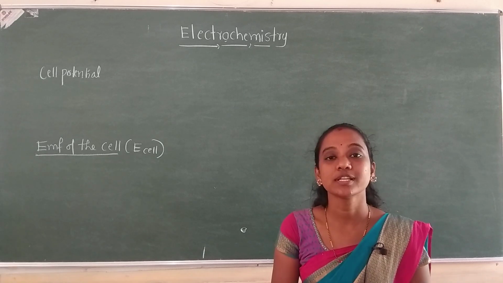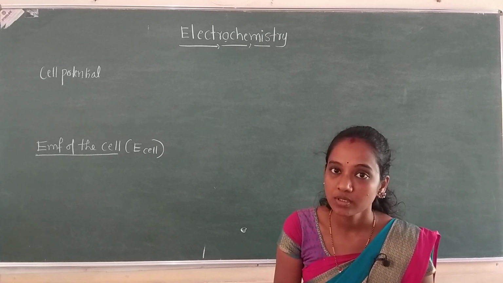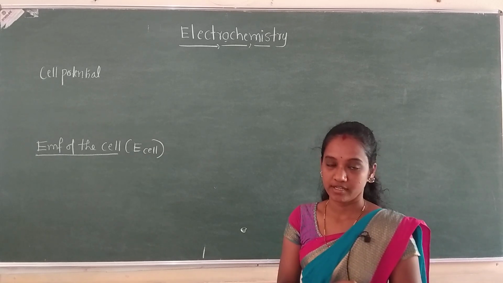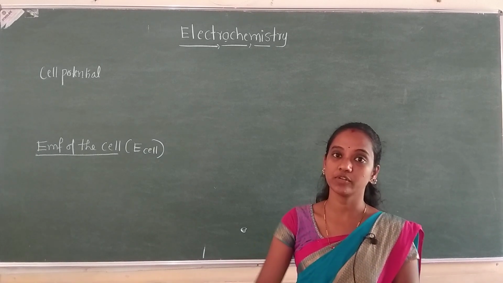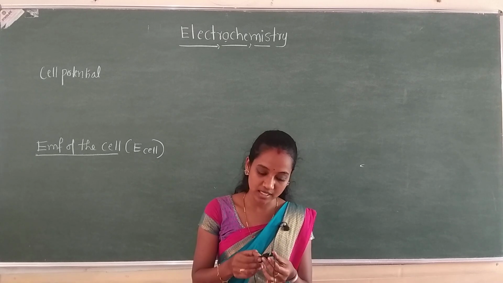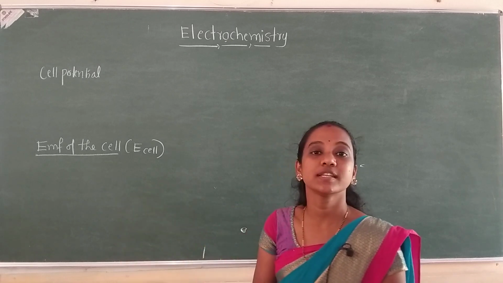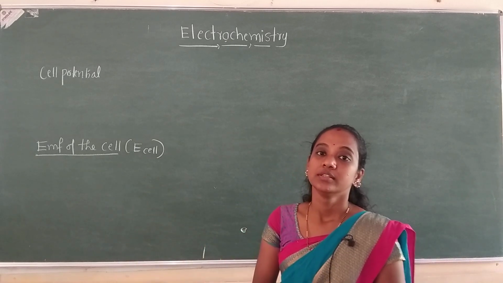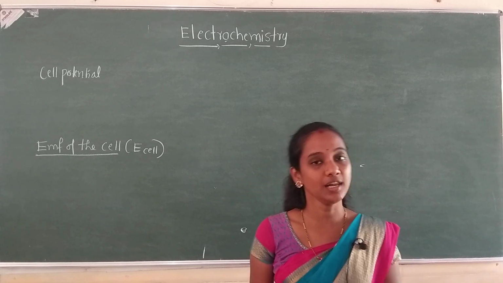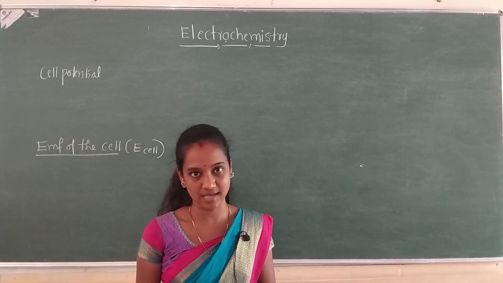The positive electrode is always written on the right hand side. If there is any phase difference between electrode and electrolyte, it is represented by a single vertical line. And if there is any salt bridge in a cell, we represent it by a double vertical line. This is what we discussed in the previous class.